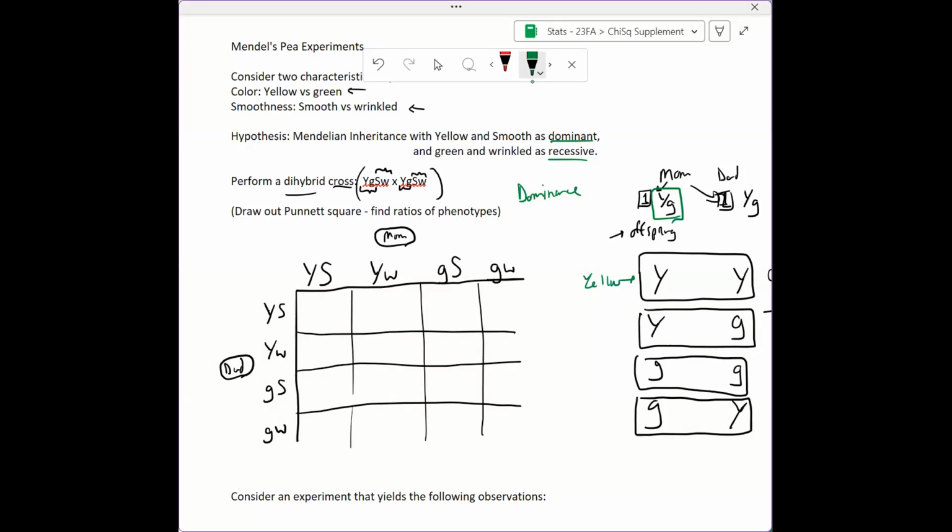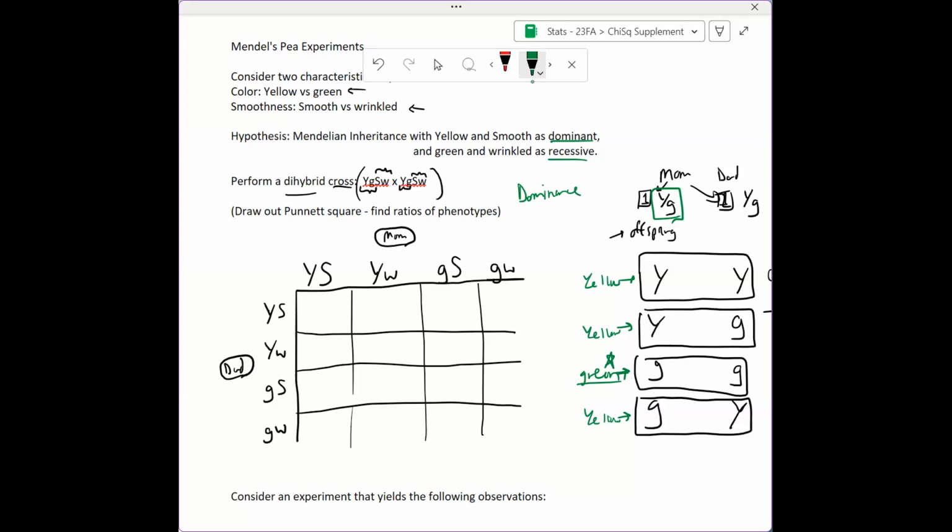Yellow yellow gives yellow, yellow green gives yellow, green yellow gives yellow, and green green is the only one that results in a color of green. So we would say that the green trait is recessive and the yellow trait is dominant.